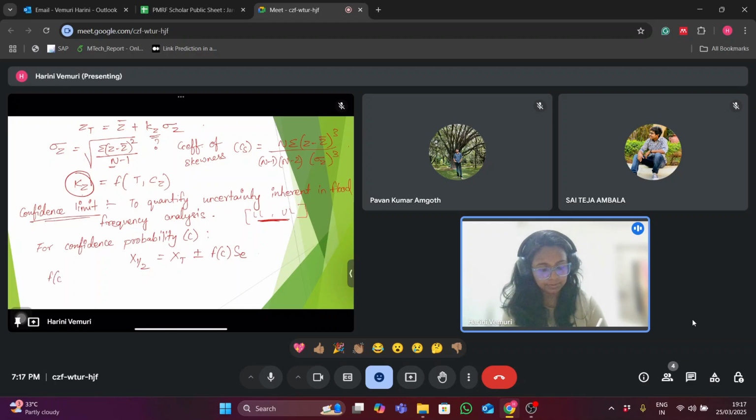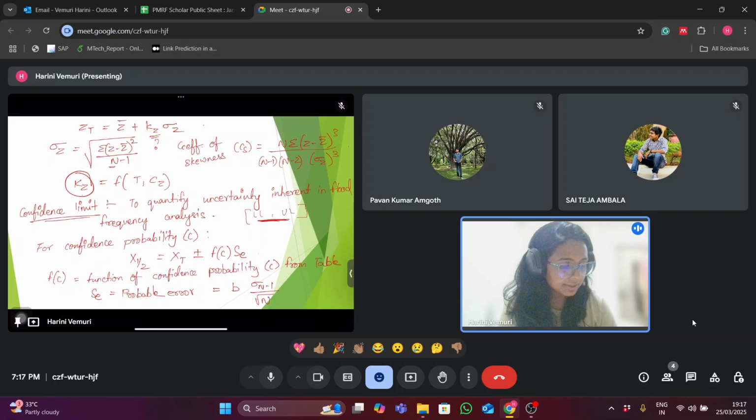F of c is the function of confidence probability c from table, and se is the probable error which we calculate from the formula b into sigma n minus 1 by root n.